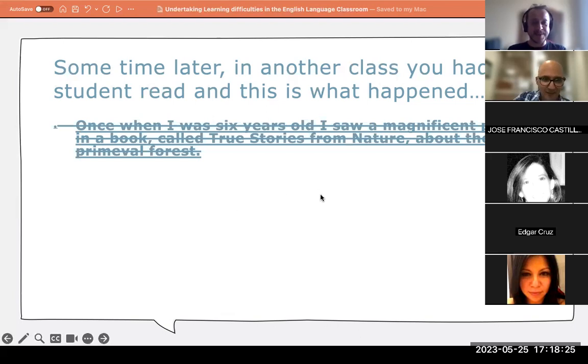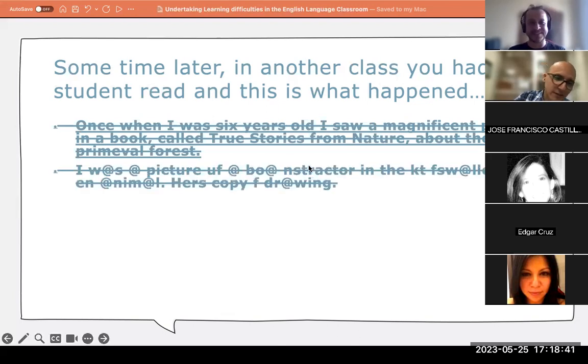So once when I was 6 years old, I saw a magnificent picture in a book called True Stories from Nature about the primeval forest. It was a picture of a boa constrictor in the act of swallowing an animal.